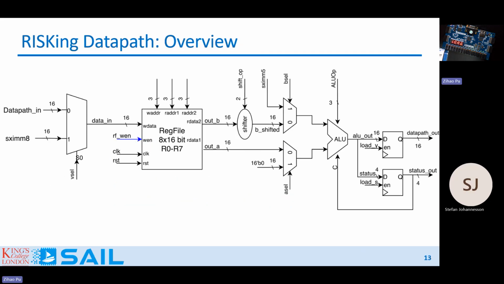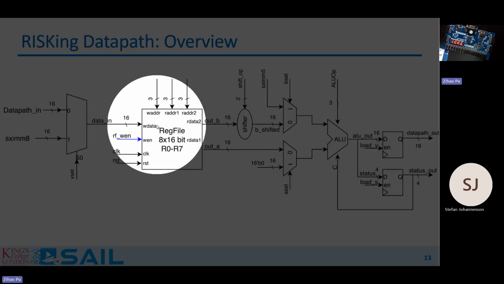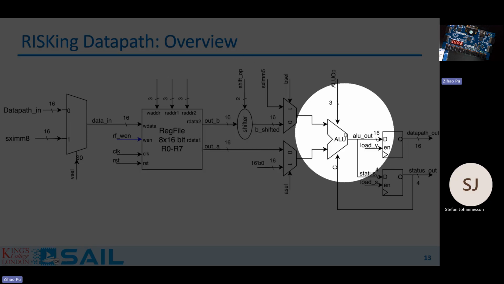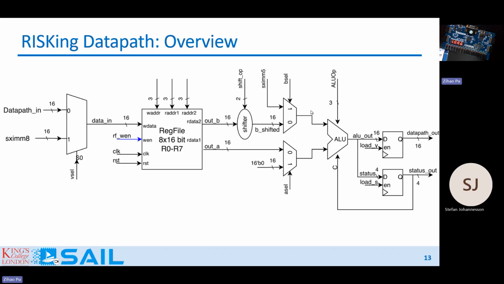So this is our RISC datapath. A quick overview here. Inside here, this is the register file we just talked about, and on the right is the shifter and the ALU that you should have already prepared from the last task, because you are going to use it in this task.